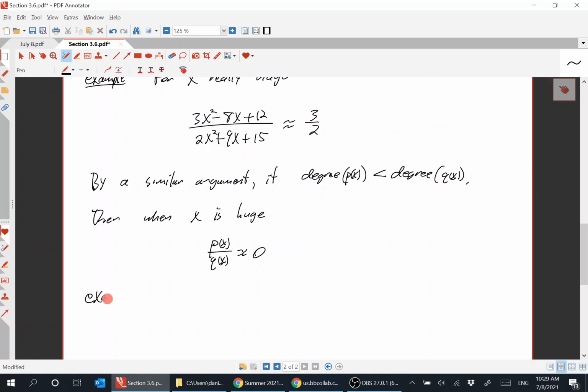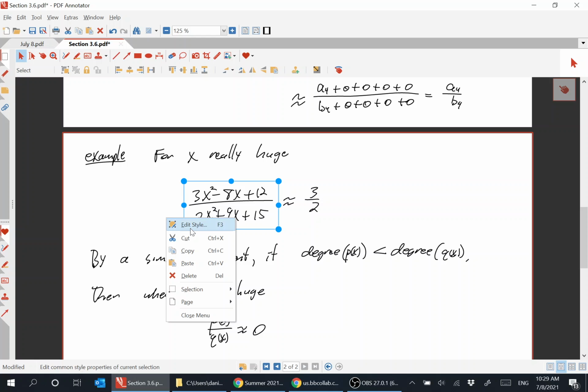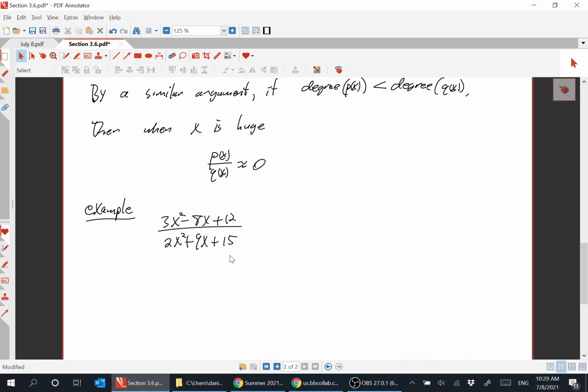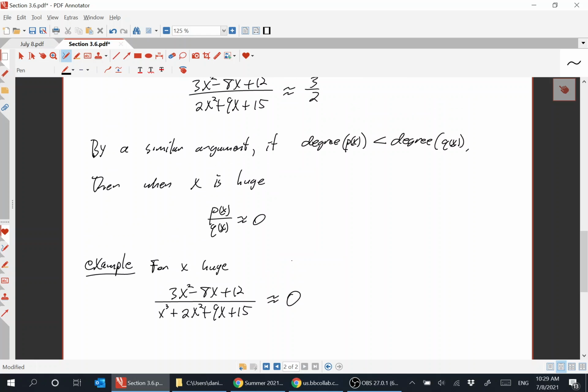For example, if I took this same fraction and just increased the degree of the denominator, then for x really large, because the degree of the denominator exceeds that of the numerator, this is approximately 0.